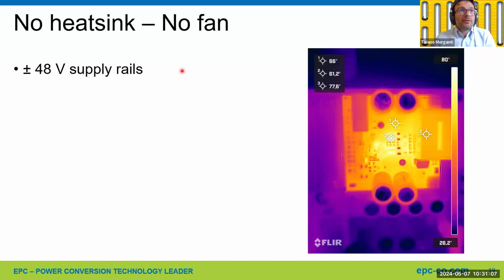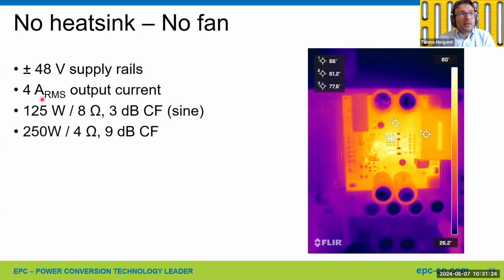So in terms of thermals, we have a few example conditions. First one is no heatsink, no ventilation, supply at plus minus 48 volts and 4 amps of output current.